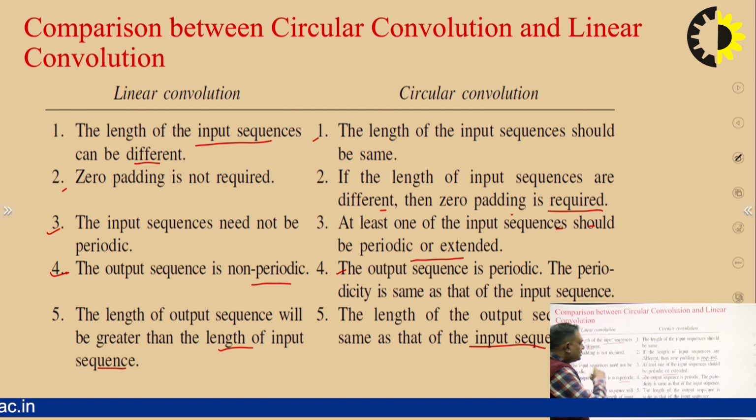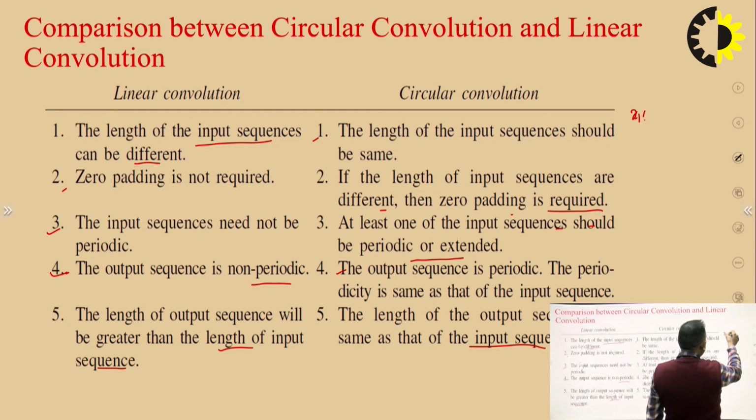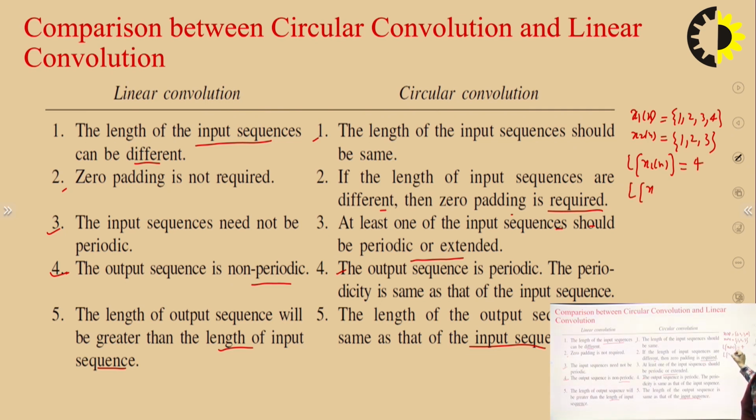So what about the length? Let us suppose in the case of linear convolution we have two sequences, x1(n) and x2(n), say 1, 2, 3, 4 and 1, 2, 3. Then the length of x1(n) is 4 and the length of x2(n) is 3.